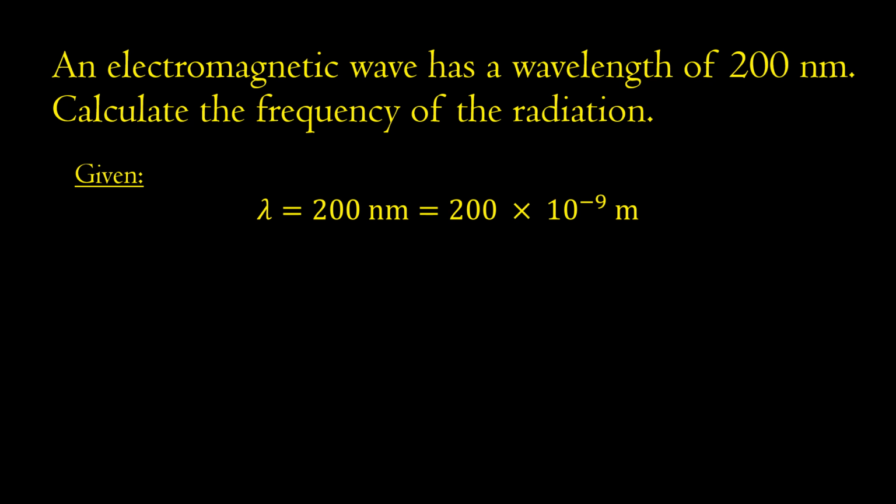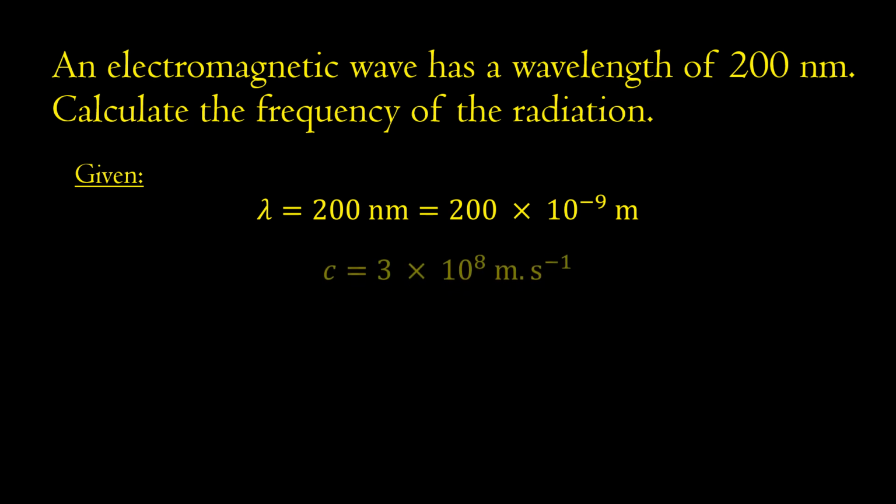A nano simply means 10 raised to the power of -9. This means to convert 200 nanometers to meters, the wavelength equals 200 multiplied by 10 to the power of -9 meters.